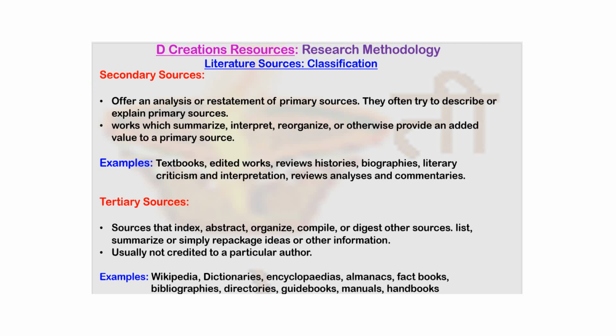And here, usually, there is an indexing done, there's a compilation done of a list of sources, etc. So usually it's a compilation, so it may not be credited to one particular author as such. And dictionaries, encyclopedias, etc., are some of the examples for this. So all these literature sources have their own importance when you are doing literature review. Thank you.